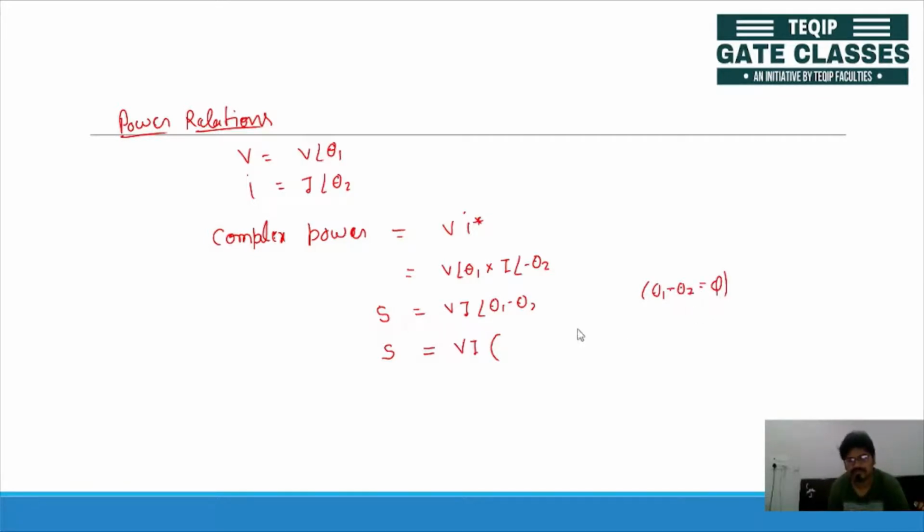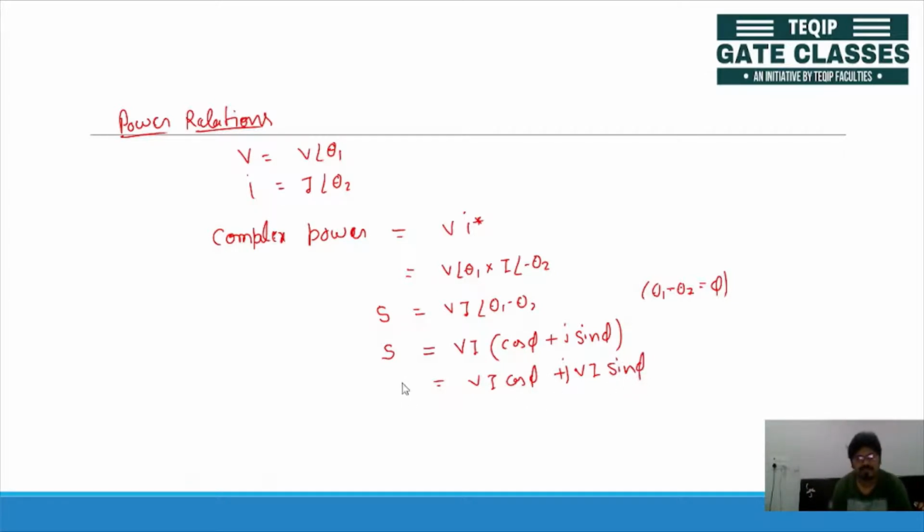So you'll get V I cos phi plus j V I sin phi.